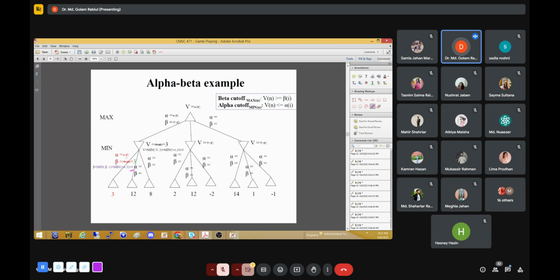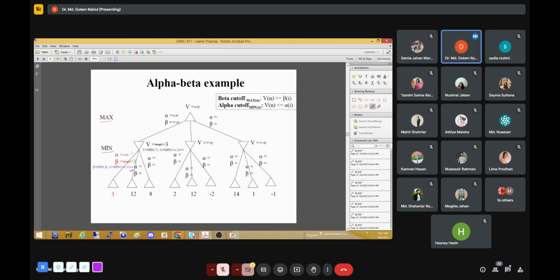Then alpha is negative infinite. So in this case, only beta will be updated. This is a minimization stage, so beta will be updated. In a maximization stage, alpha will be updated. So updated, alpha is negative infinite and beta is 3.